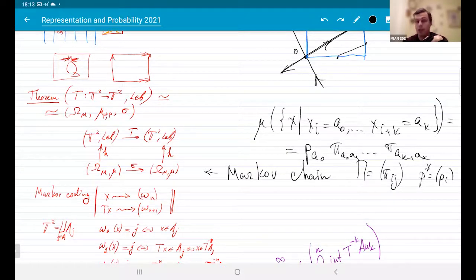So this was the statement, and we started to construct this. And first, our observation was the following. This is, in fact, the general thing when you want to construct some coding of such sort to any symbolic system.